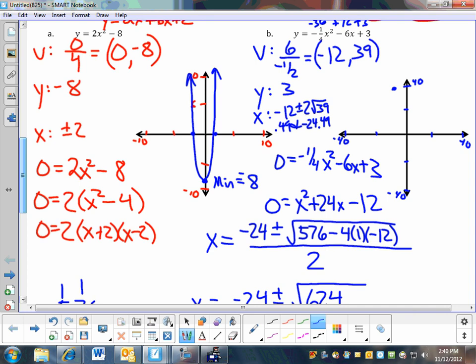My y-intercept is 3. It's going to be really close down here. X-intercept's 0.49. That's going to be really close to the y-axis. And then negative 24.49, so somewhere right around there. So you can see my parabola takes shape just like that.